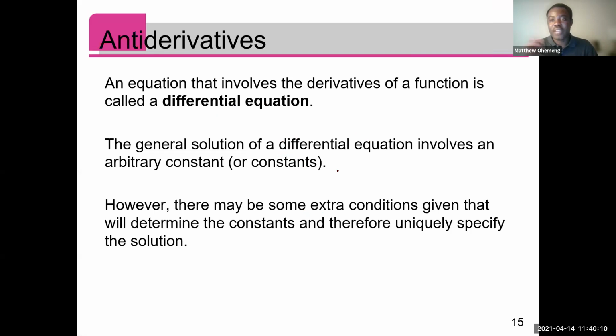Sometimes we are not interested in getting the general antiderivative, right? Sometimes we want the exact C, right? So we want a specific function. So to get a specific function, we may be given some extra conditions so that after we get the general antiderivative, we can solve for the arbitrary constant so that we get the exact constant and then we have a specific function. So that's another twist to this.